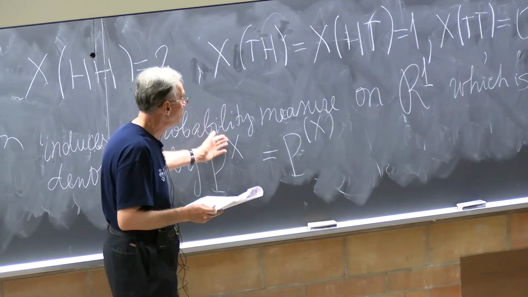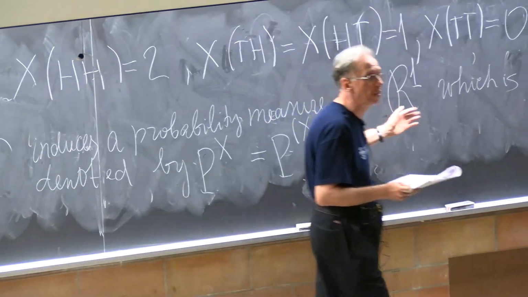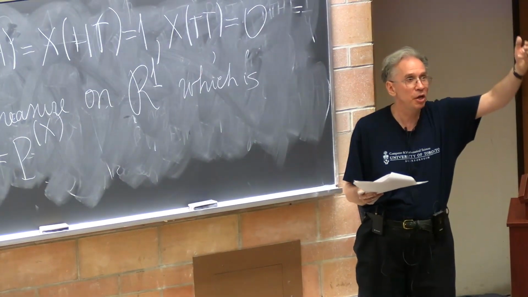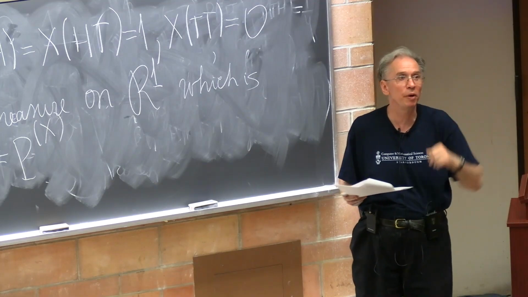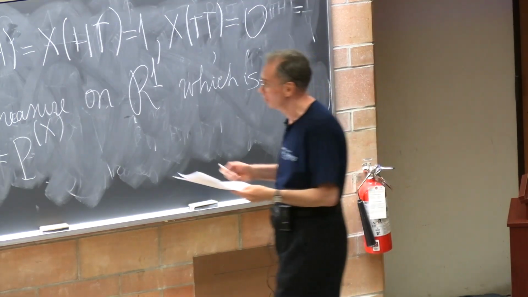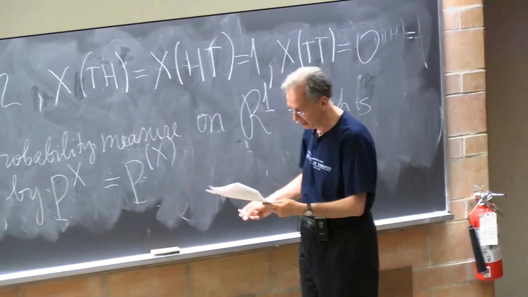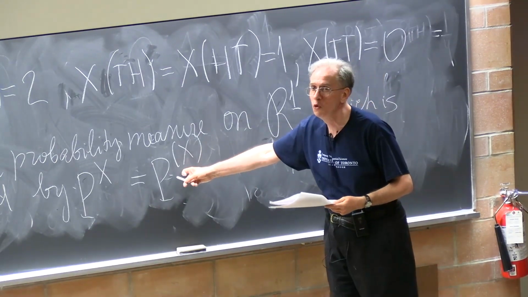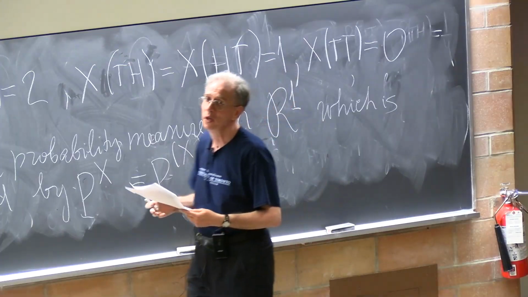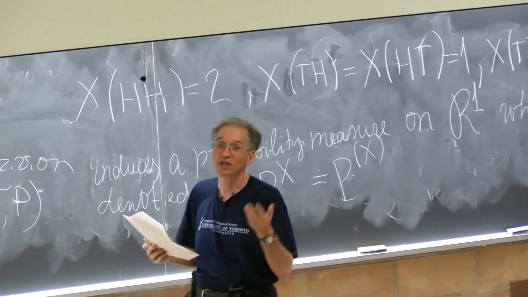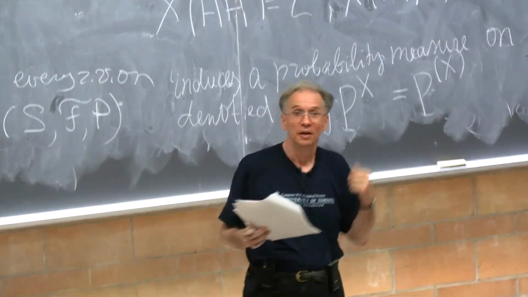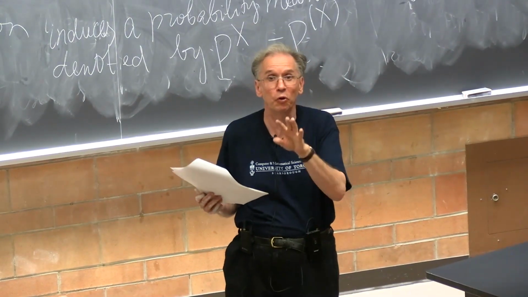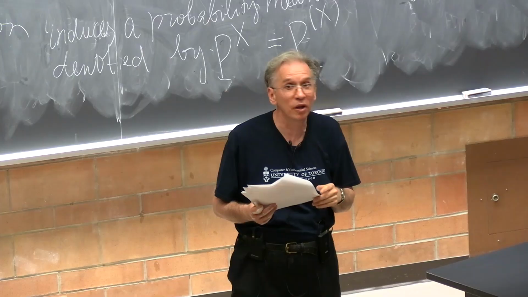So it's just notation, okay? So you get a probability measure on R1. And this probability measure is induced by a particular random variable, capital X, yeah? So, from this new probability measure on R1, we are going to construct the CDF, or cumulative distribution function, for your random variable of interest.